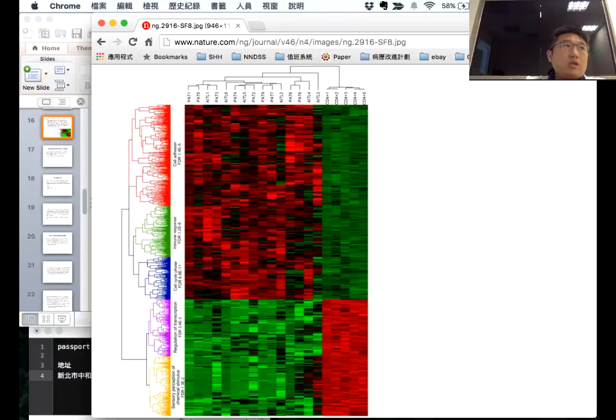are associated with the different response for the chemotherapy. Then you can find a very great association: this group has better response to chemotherapy and this group has less response to chemotherapy. You can easily use the statistical method to calculate the case control.